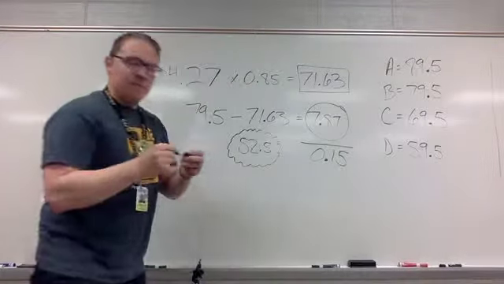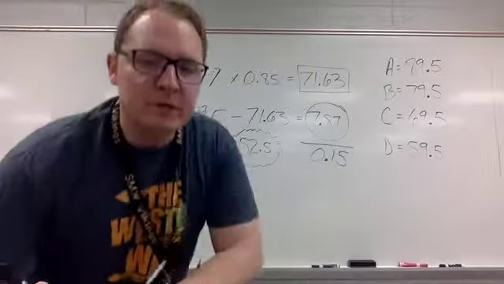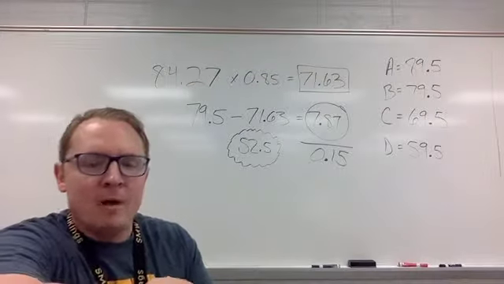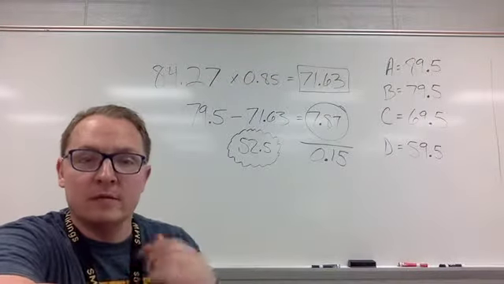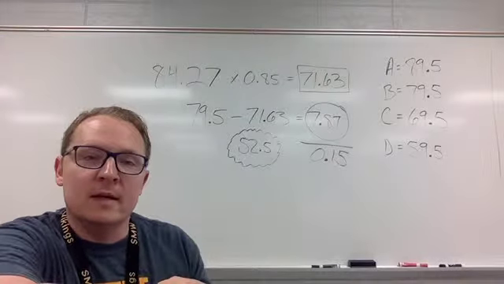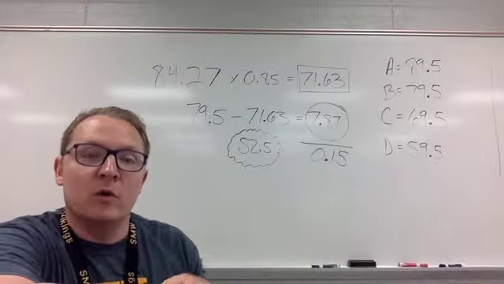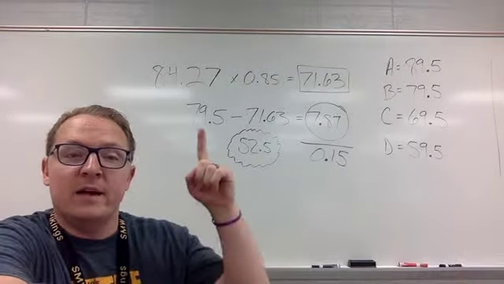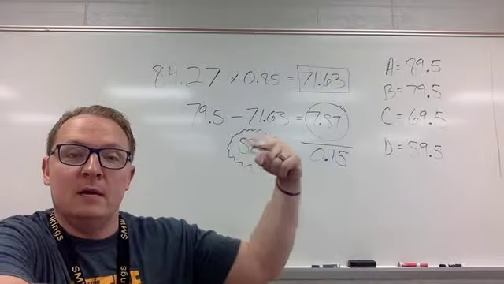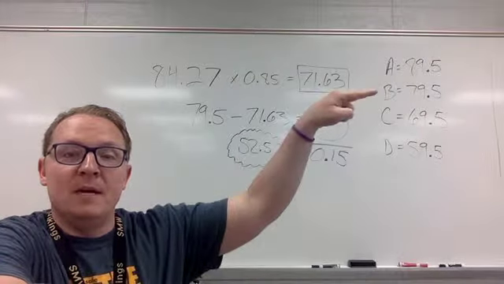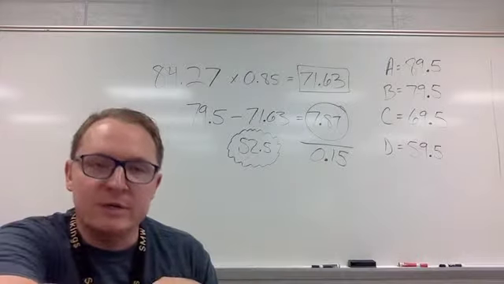Okay? Now this is our magic number. What we've just determined is how many points, or in other words, my score that I have to get on the final exam in order to hold on to a 79.5, which will get me a B for the semester.